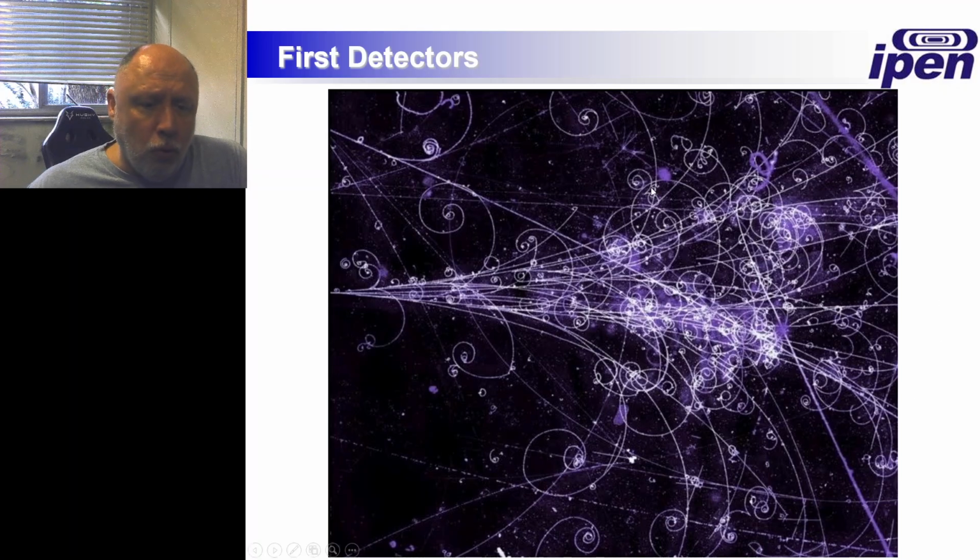This is an old picture, but this kind of stuff, modernized as required by today's standards, is still used in CERN, for instance, in very high energy colliders, and they use it essentially for this, to detect and see the tracks of particles and try to understand what these particles are because of the tracks.